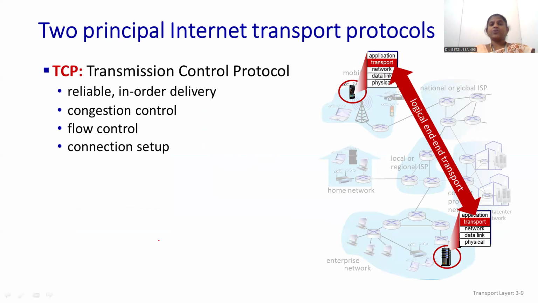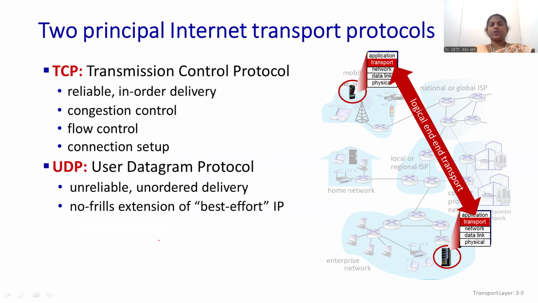There are two main protocols. One is the transmission control protocol. The transmission control protocol makes sure that there is reliable message delivery by introducing a sequence number. For every sequence number, it receives an acknowledgement. There is also congestion control to manage the packet delivery from the network perspective, and flow control to manage the packet delivery from the end system perspective.